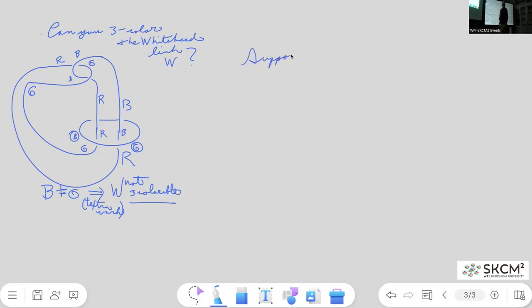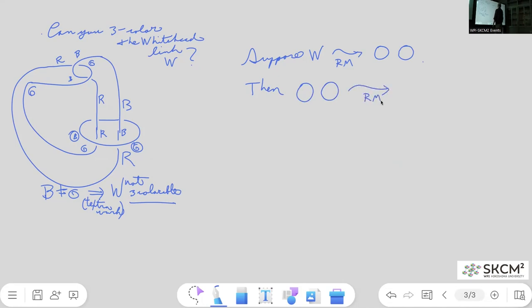Suppose W is equivalent by Reidemeister moves to the trivial link. Then the trivial link would be equivalent by Reidemeister moves to W, because you know Reidemeister moves go in both directions, right?